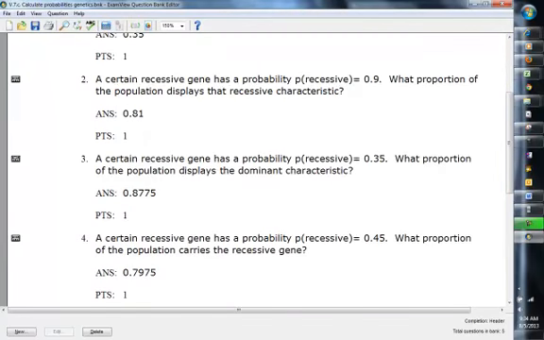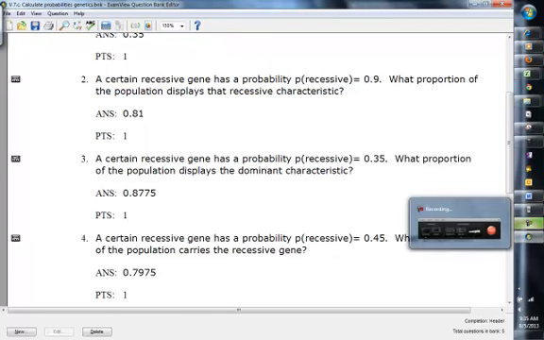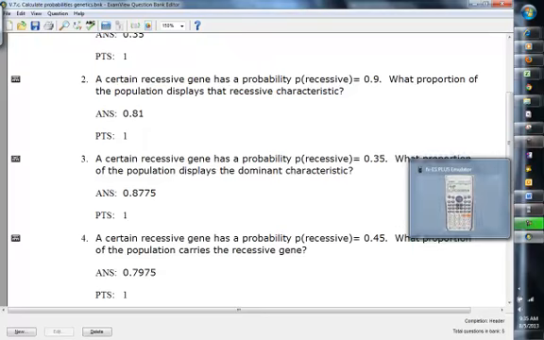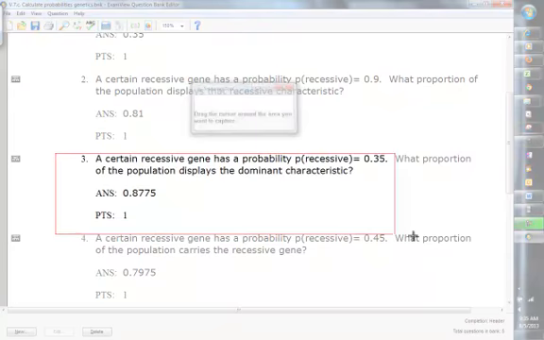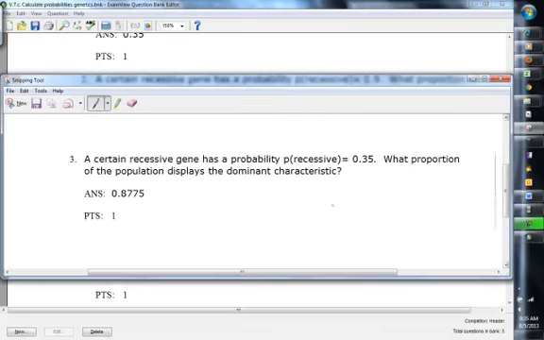A certain recessive gene has a probability of 0.35. What proportion of the population displays the dominant trait? Now this one is a little bit tricky, and here's why. If we've got dominant recessive again, we're doing the cross.